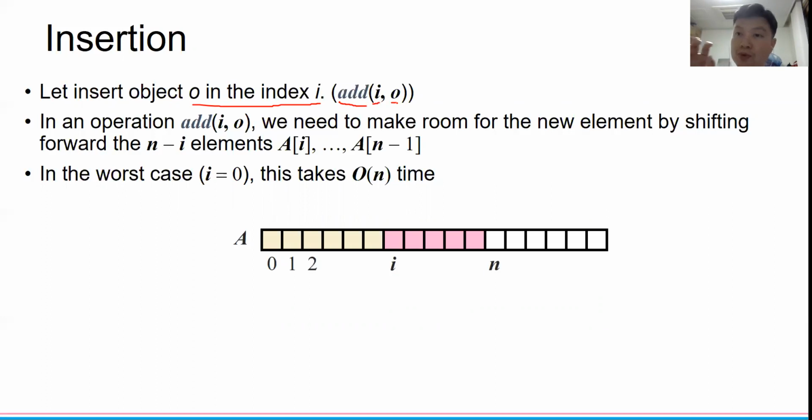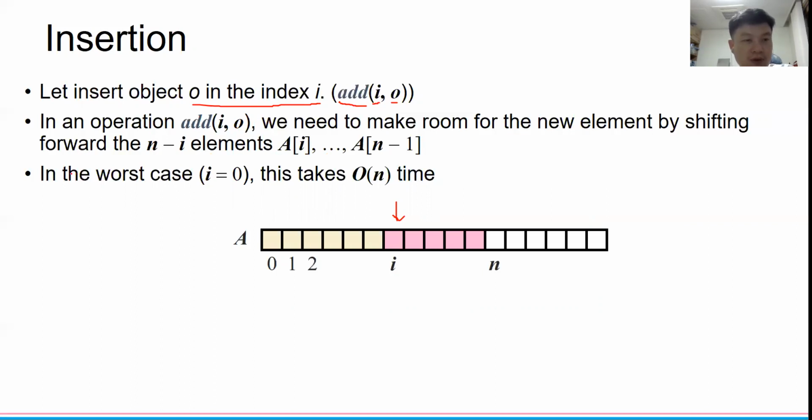So I would like to put object O in the index I. In the operation add(I, O), we need to make room for the new element by shifting forward the n minus I elements, which is from I until n minus 1.